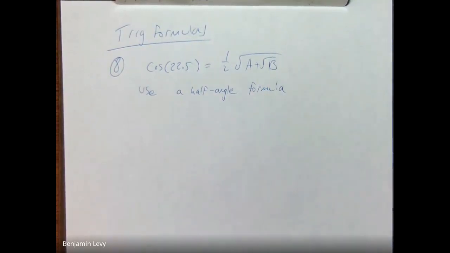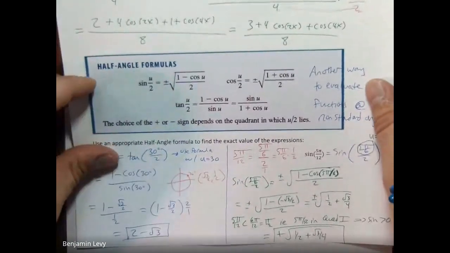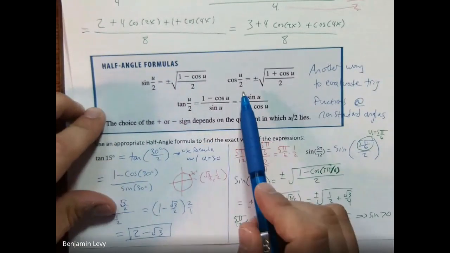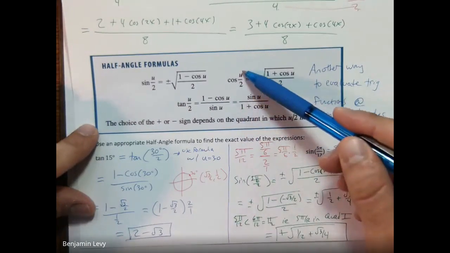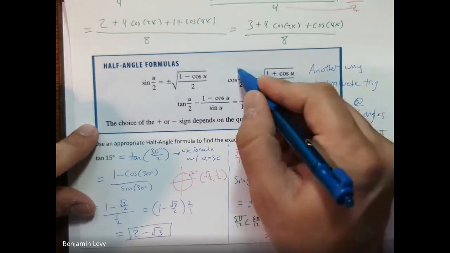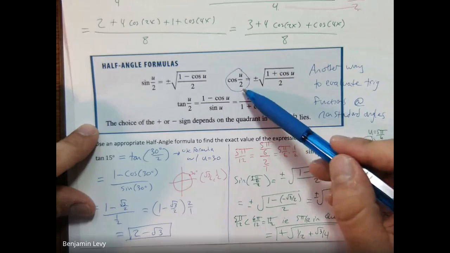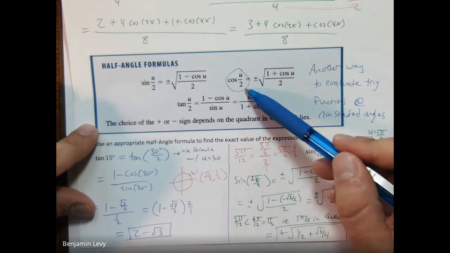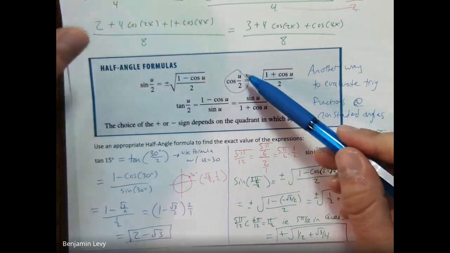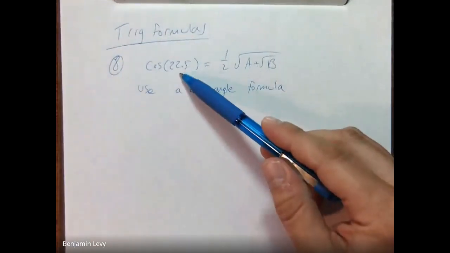It's obviously cosine, right? Because it's cosine of 22.5. So when we look at the half angle formulas, we're going to want to use the cosine one. I want to think about 22.5. This is the part we're given. We're given the u over 2, the cosine of u over 2. So we want to think about, what is u? In other words, what would I need to divide by 2 to give me 22.5?